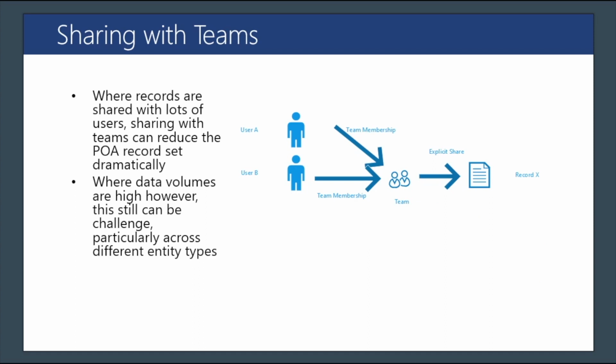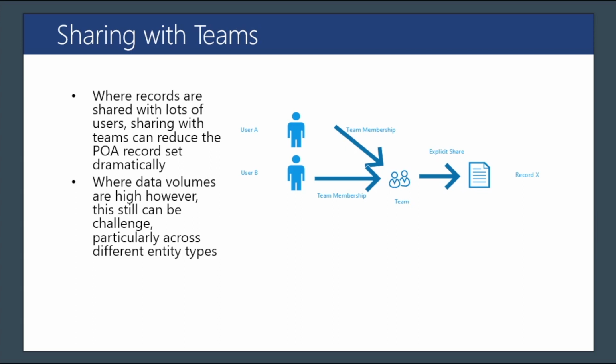So sharing with teams as opposed to individual users can cut down on that POA table a bit. If we can define a group of users that we need to share the records with, instead of sharing with 10 individual users, we can define them as a team and share with 1 instead of 10, and then they derive access via their team membership. That can cut down on the record set within the POA table dramatically as well.